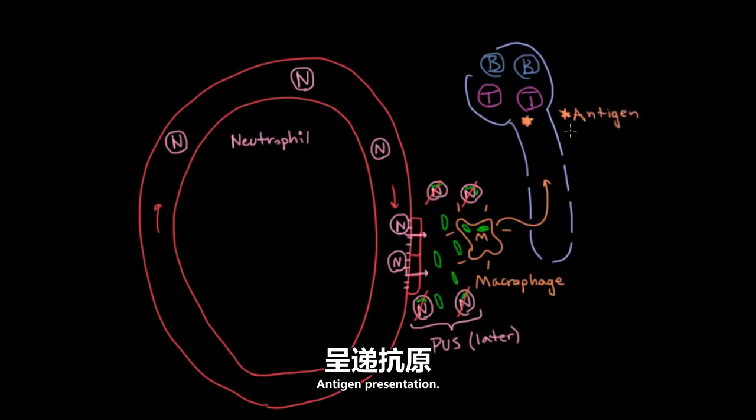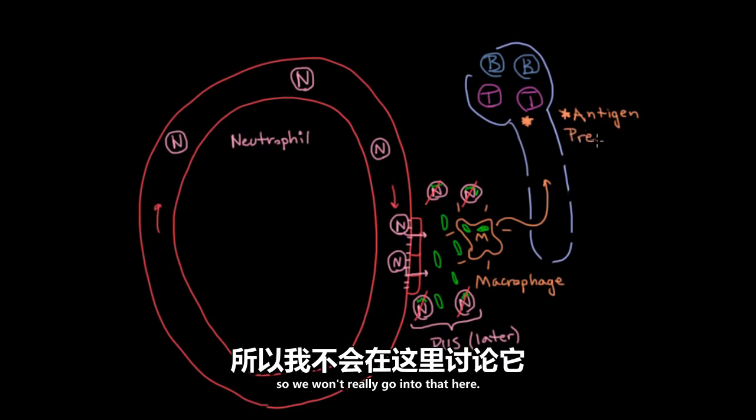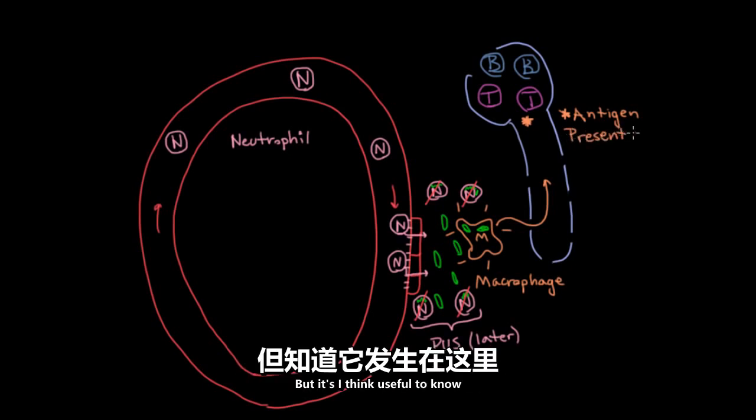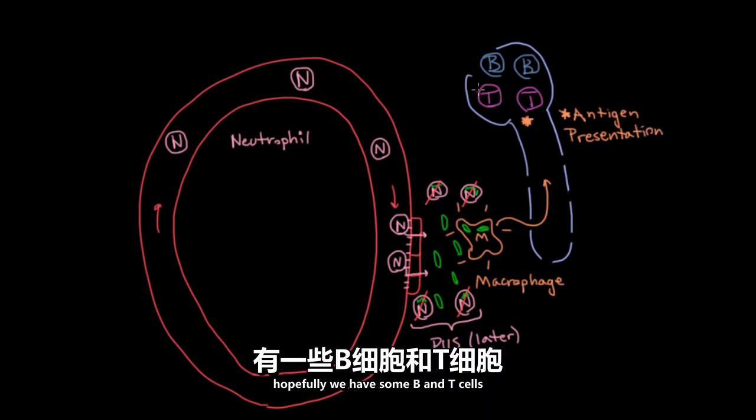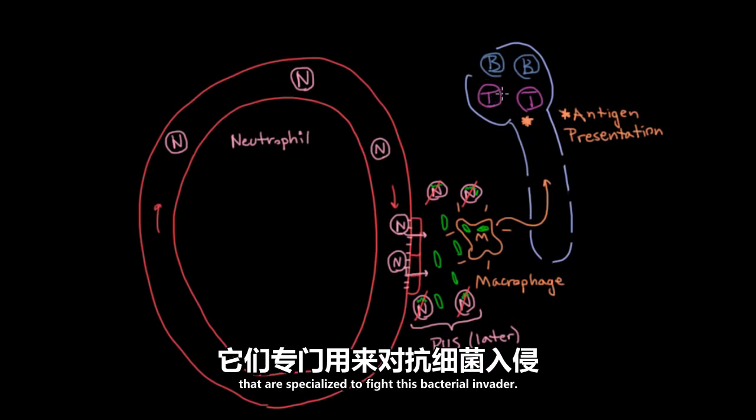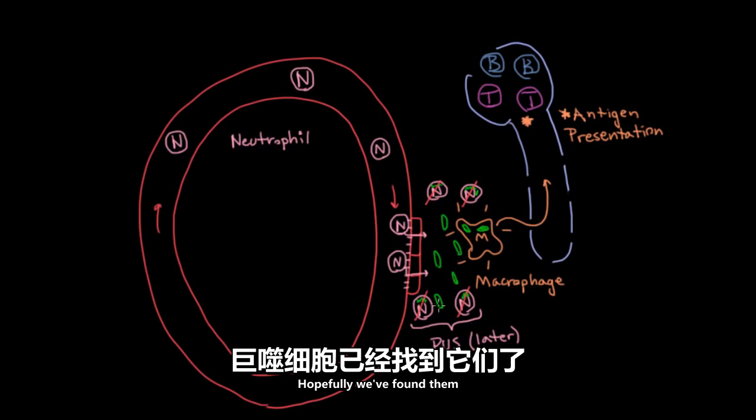There are other videos on that, so we won't really go into that here, but I think it's useful to know that that's where it happens. And as a result of antigen presentation, hopefully we have some B and T cells that are specialized to fight this bacterial invader. Hopefully we found them, and now they can go join the fight.